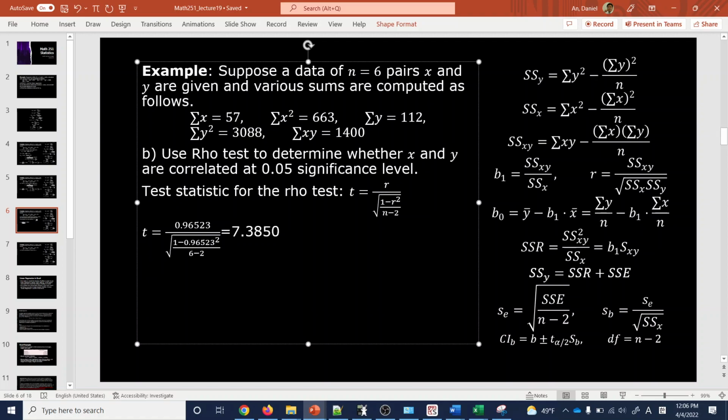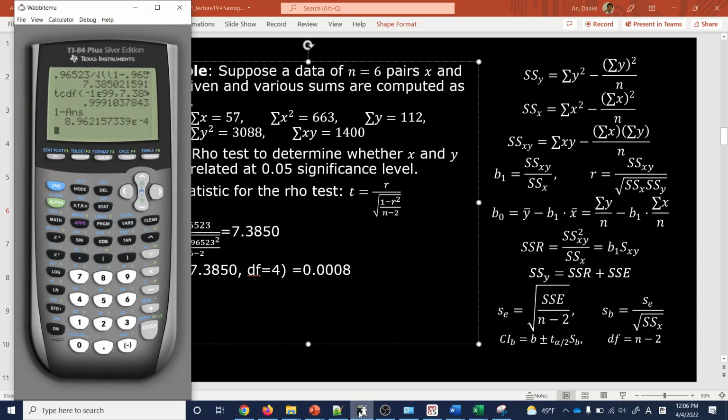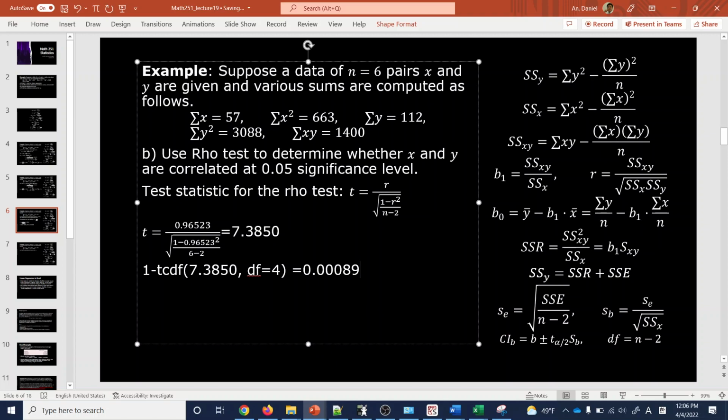So TCDF of 7.3850, comma, degrees of freedom equals 4 gives you, actually, we have to do 1 minus, and that gives you 0.000896.